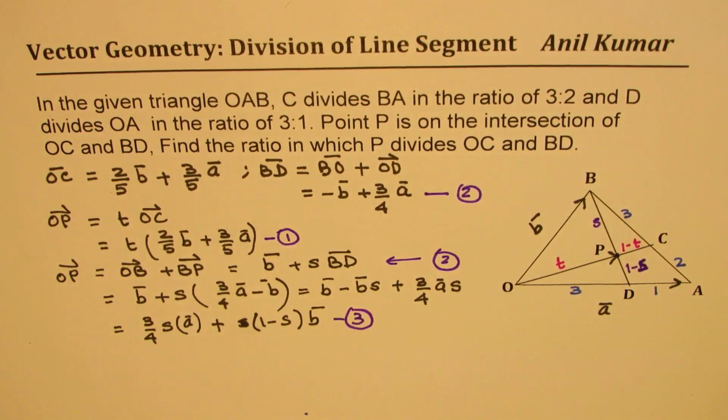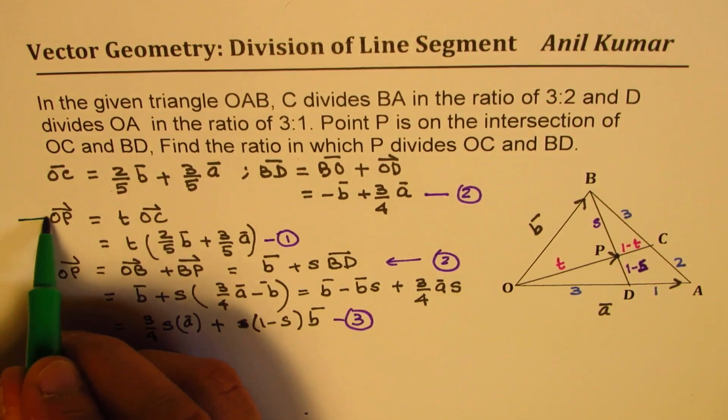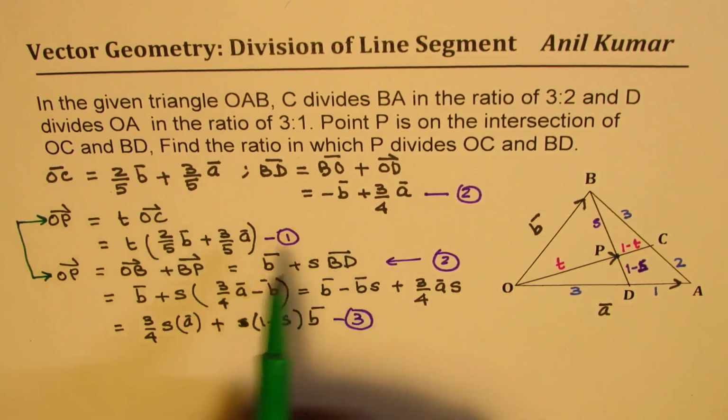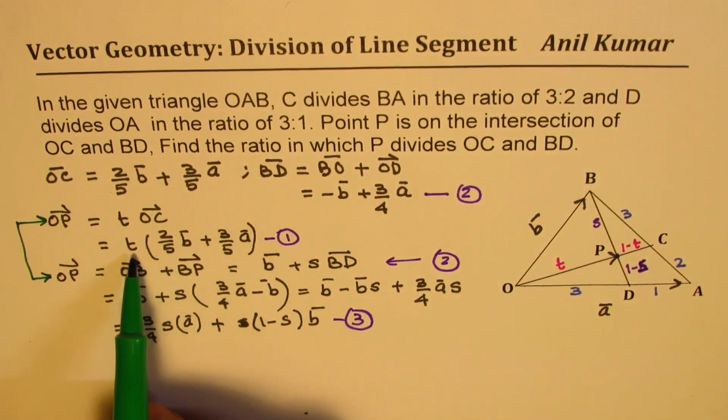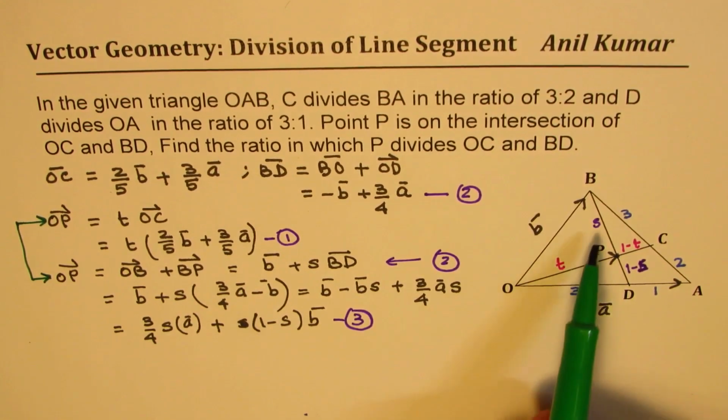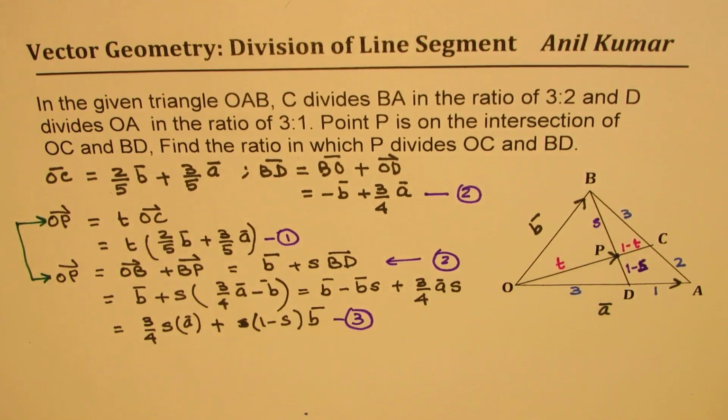Now what you see here is that OP has now been written in two different ways. One, we have OP in the parameter t, and another time OP with the parameter s. We are interested in both t and s, right? So what should we do?